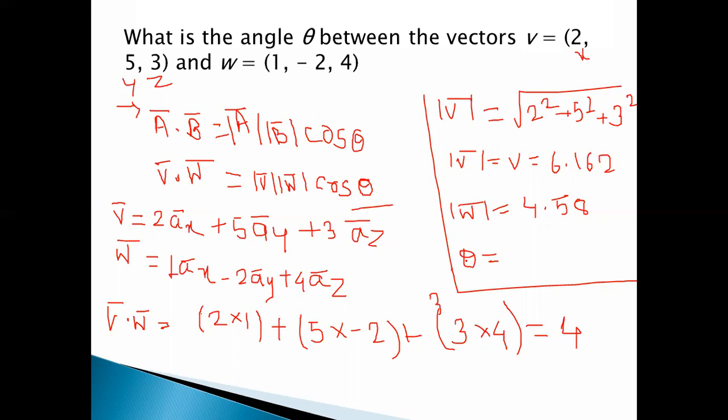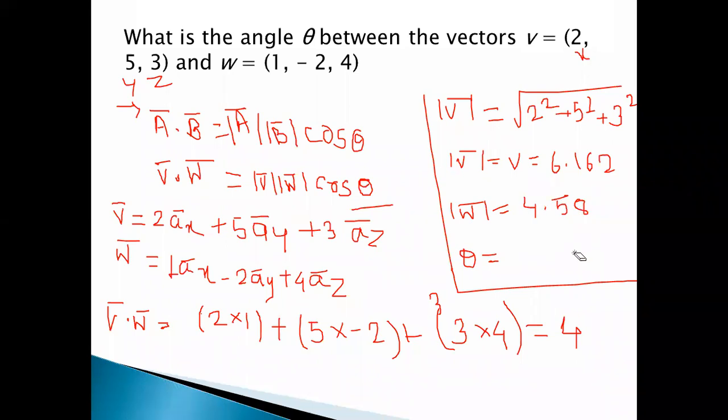Mod of W bar is 4.58? Yes. Is it 3.645 or 4.58? 4.58.